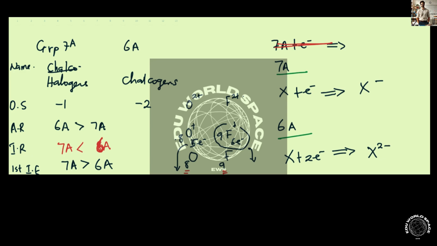It will be harder to remove an electron in the first case because the p orbital is half filled, and here the p orbital is more than half filled: 1, 2, 3, 4. Here you have some repulsion, and that will lead to a decrease in the ionization energy. So the second ionization energy of 6A is greater than 7A. Okay, so that's it.